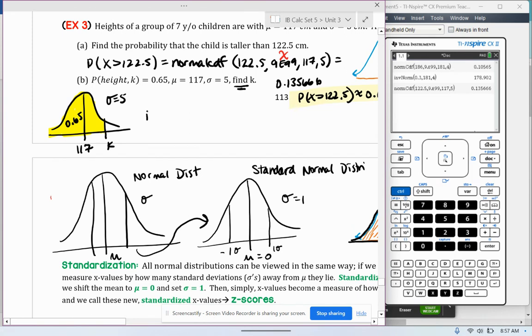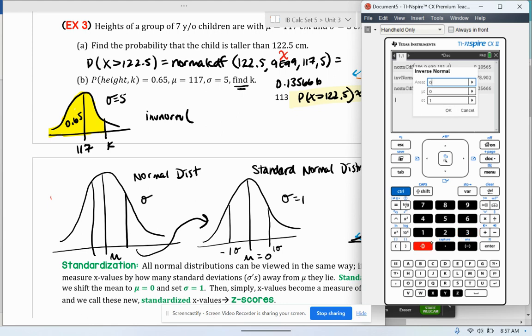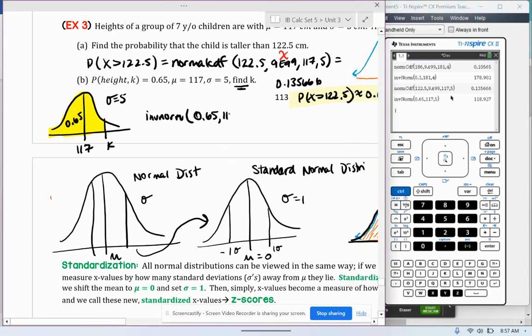We use inverse norm. Our area is 0.65. They gave it to us from the left, so we're good. The mean is 117, and the standard deviation is 5. So I've got 118.927. So K is approximately 119 centimeters. Hooray!